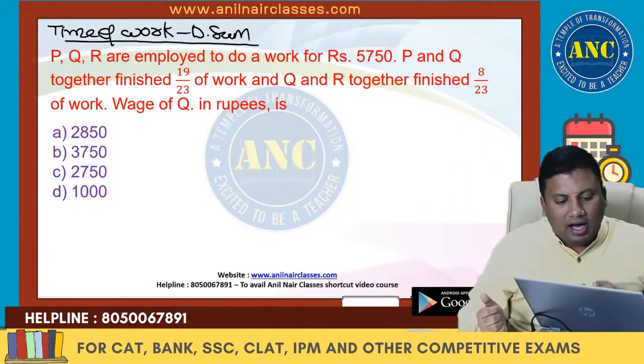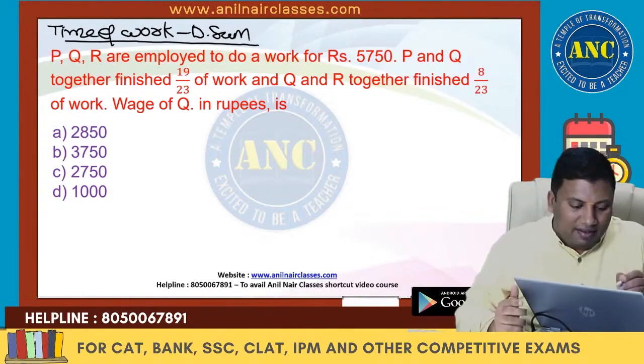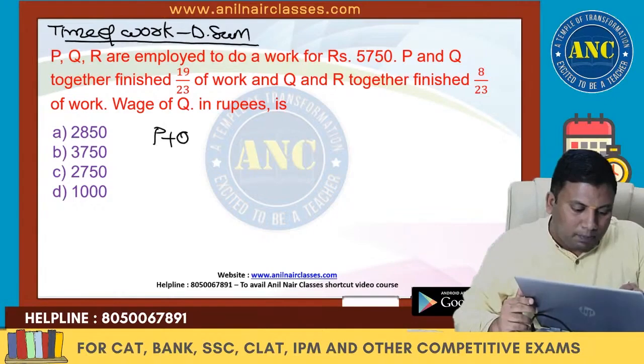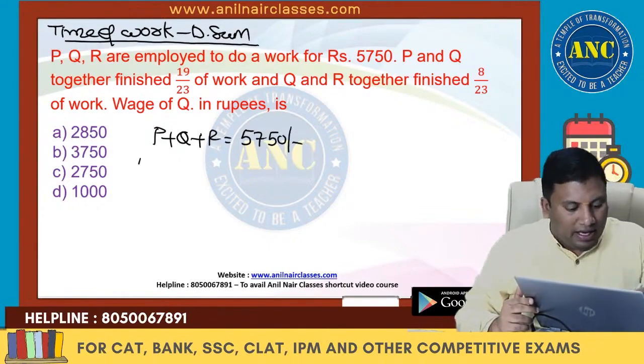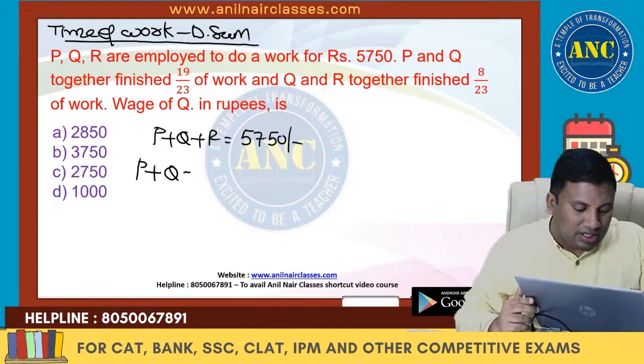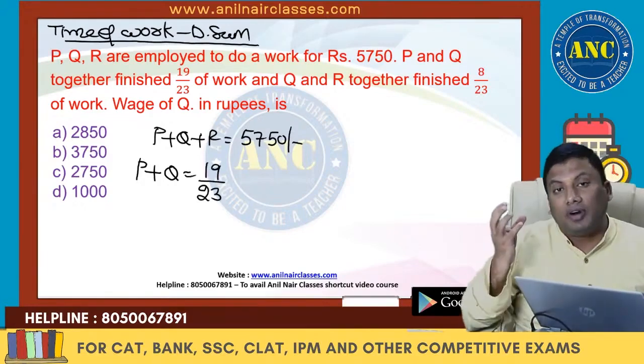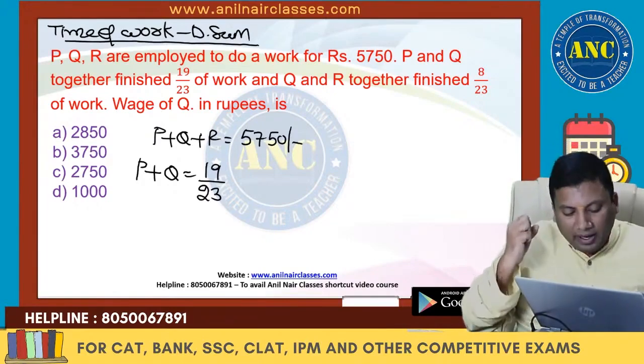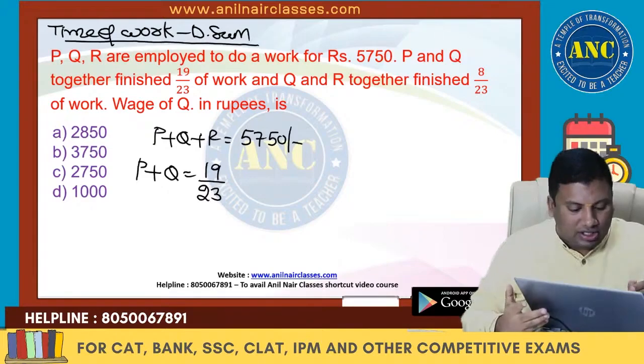P, Q and R are employed to do a work for 5750. So P plus Q plus R, their salary is 5750. P and Q together finished 19 by 23 of the work. Out of 23 units of work, P and Q completed only 19 units.